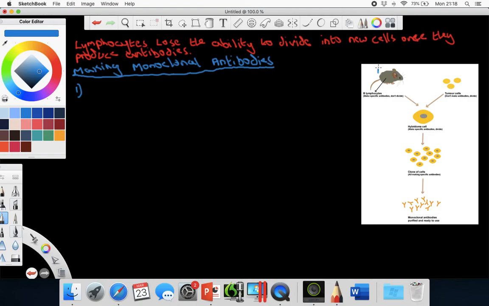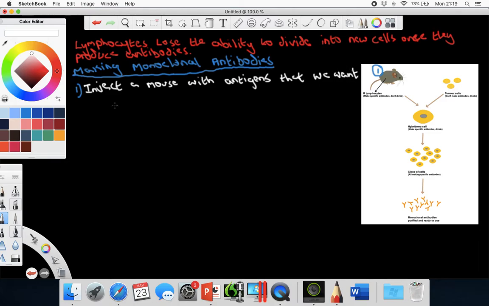a mouse, which is shown on this diagram here. We inject a mouse with a specific antigen so that their lymphocytes make antibodies that fit it. So number one, inject a mouse with antigens that we want antibodies for, full stop.